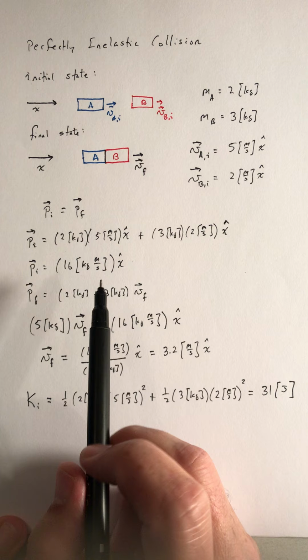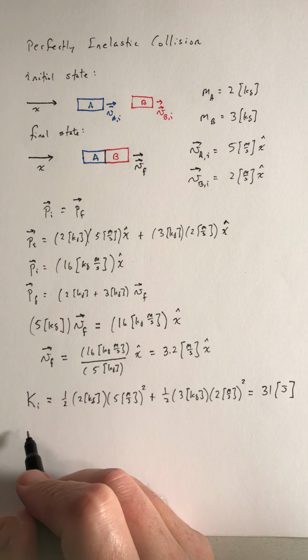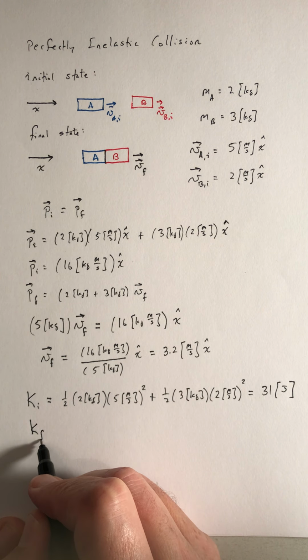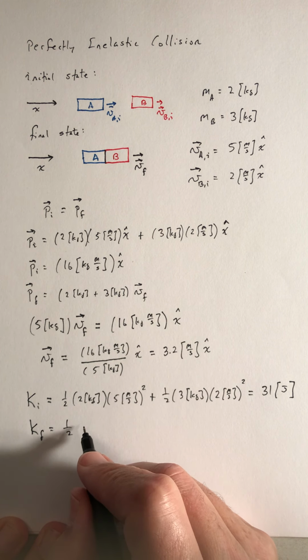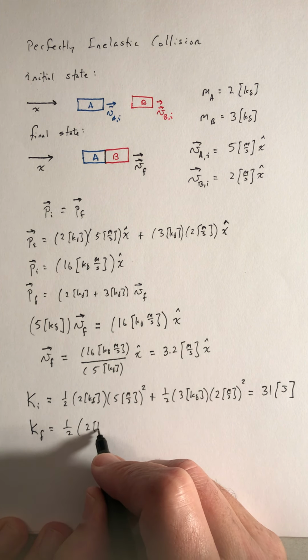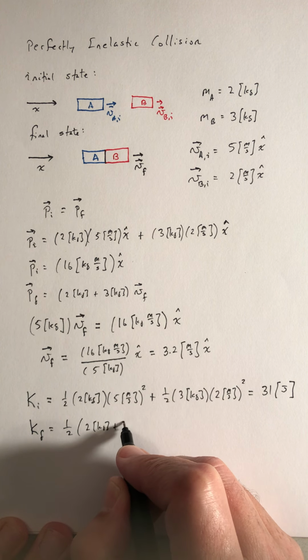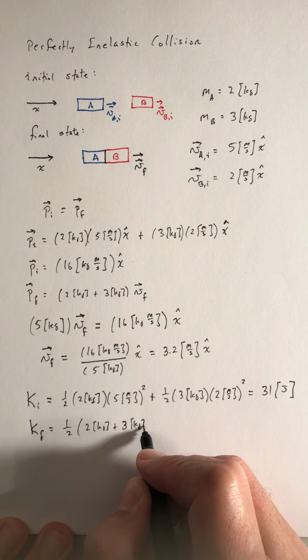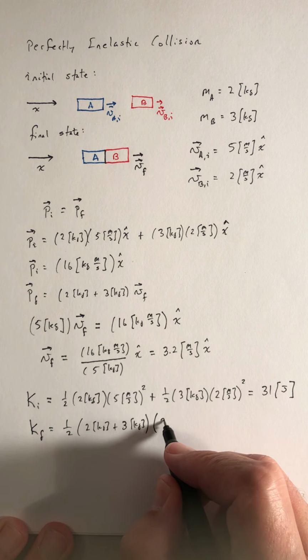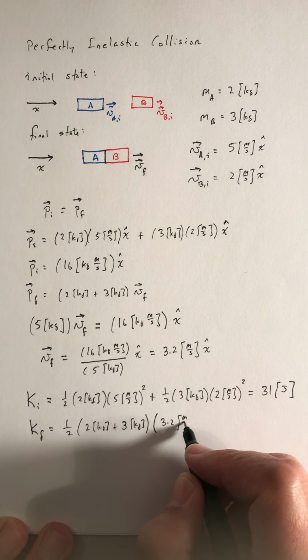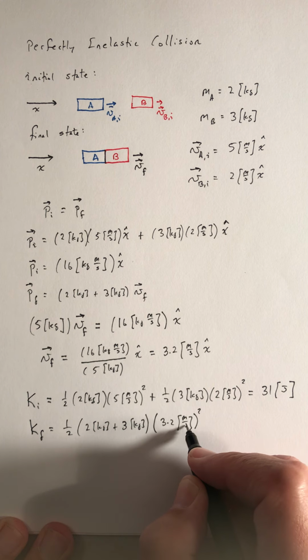In the final state, they're moving together. So their kinetic energy is going to be a half times 2 kilograms plus 3 kilograms. And we just worked out they're going to be moving at 3.2 meters per second.